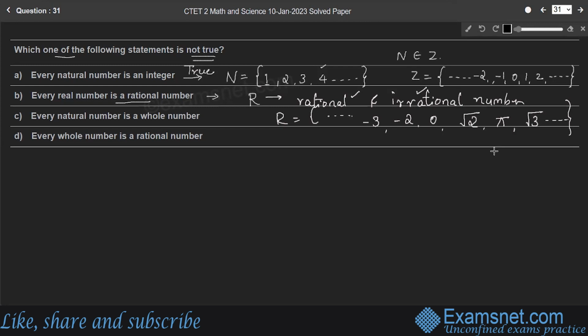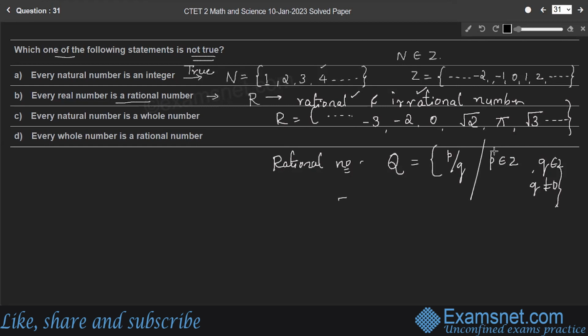Here, what do we mean by rational numbers? Rational numbers are denoted by the set Q. The number which can be expressed in the form p by q, such that p belongs to the set of integers and q also belongs to the set of integers, and q is not equal to 0, is called a rational number.